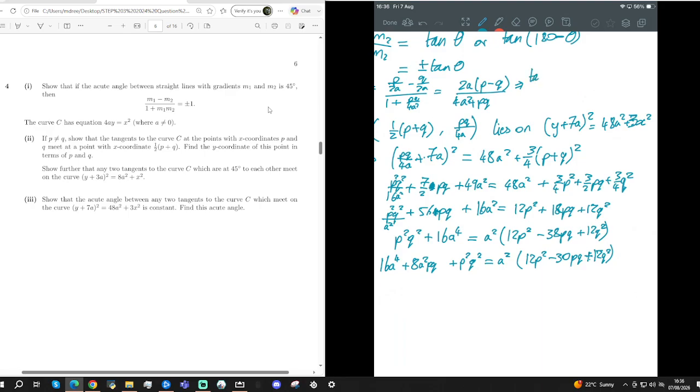So this means that tan squared theta is equal to 4a squared p squared minus 2pq plus q squared over 16a squared plus 8a squared pq plus p squared q squared. So that's what I'm aiming for, and that's what I've got on the left, provided my mental arithmetic wasn't too bad.